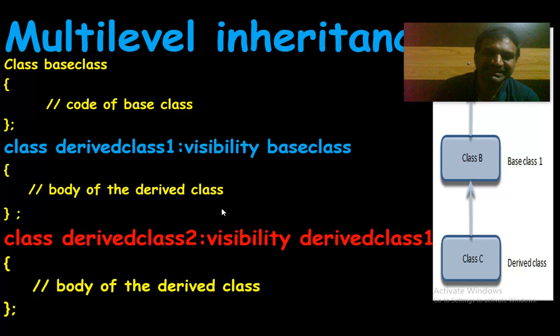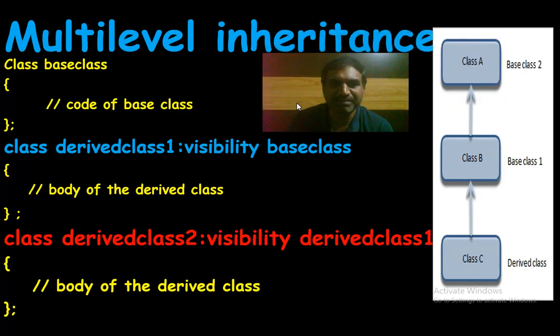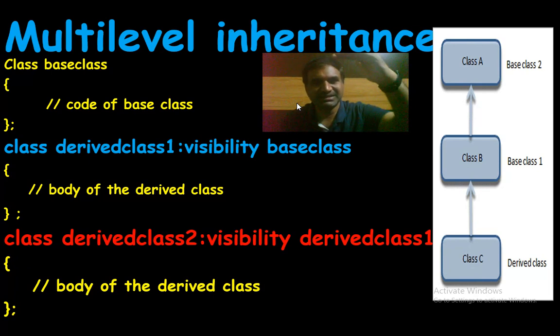In this example, if you observe, there will be a base class, derived class 1, and one more class, derived class 2, which is derived from derived class 1. So base class is the grandparent, then parent and child. Here the syntax is very clear. The derived class is inheriting the base class, and derived class 2 is inheriting derived class 1. Are we clear? Right. Next.